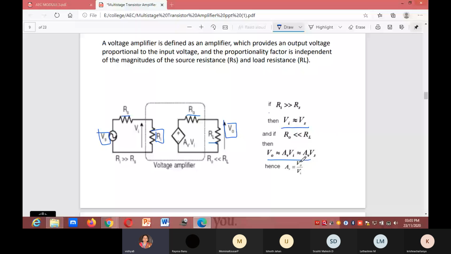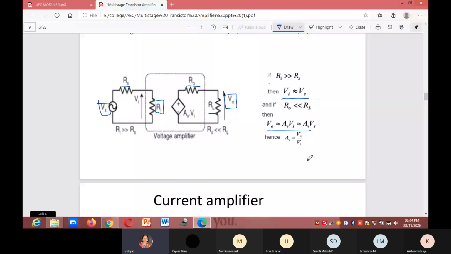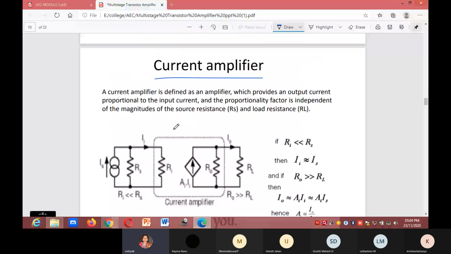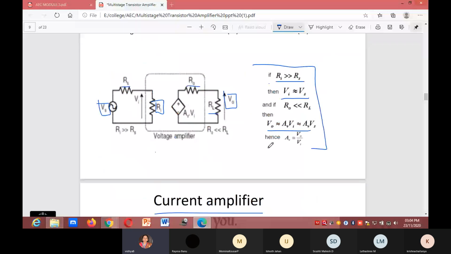Next, current amplifier. This is the circuit diagram of our current amplifier. In the last case, we considered Ri greater than Rs. Here it is the reverse of the voltage amplifier; you make these two conditions reverse.